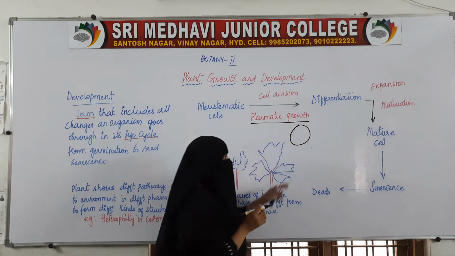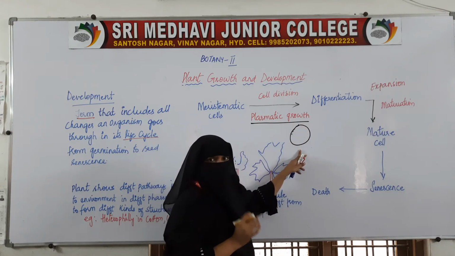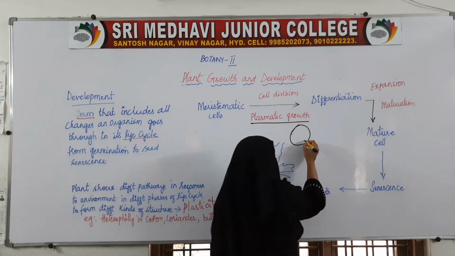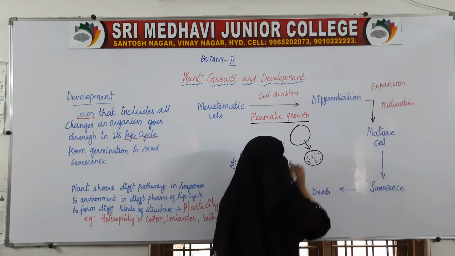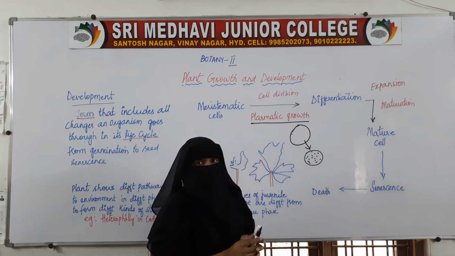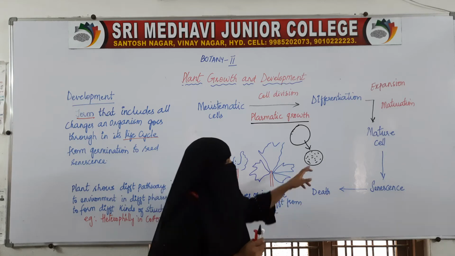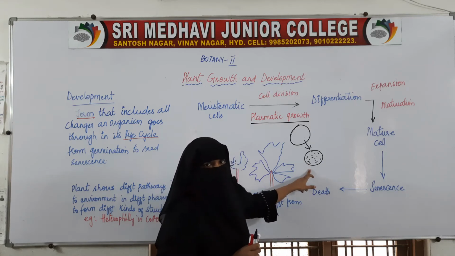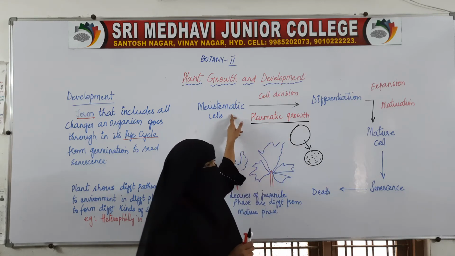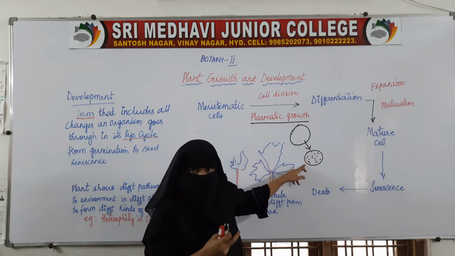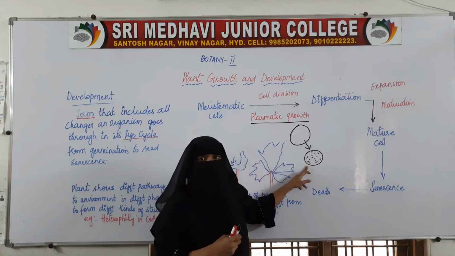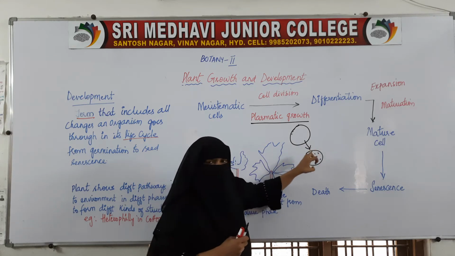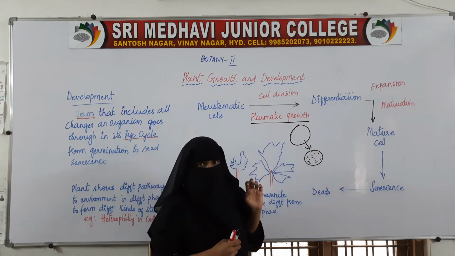For example, when the cell divided, it was of small size. After division, the cell will grow in size and the protoplasmic content will also grow. The cell after its division grows, and along with it the protoplasmic growth will also be seen, that is, the content inside the cell will also grow.